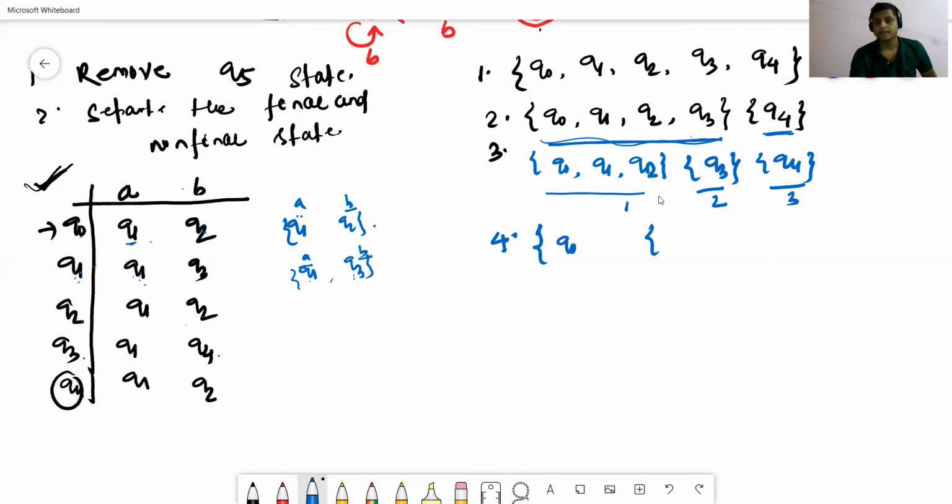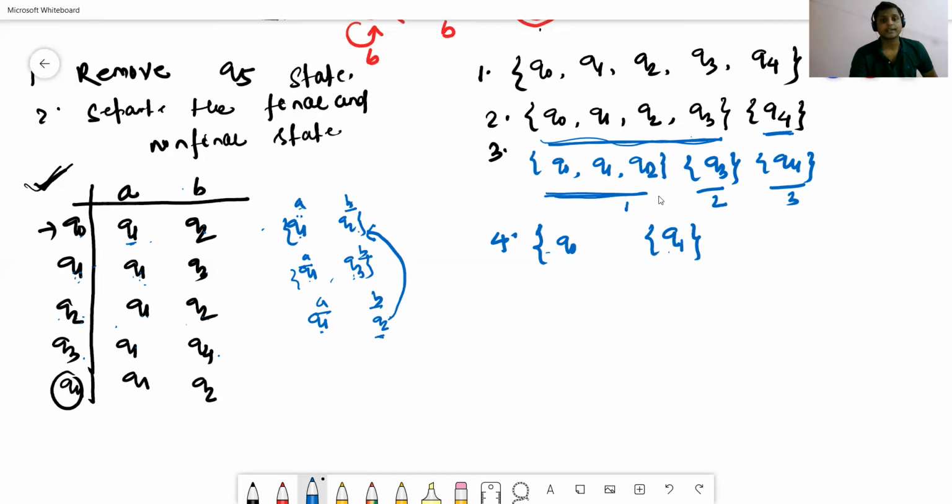So Q1 is separated from these states. Now Q2 will read A, this is Q1 state. Q2 will read B, then goes to Q2 state. But it is completely similar to Q0 because Q0 reads A and B, goes to Q1 and Q2 states.